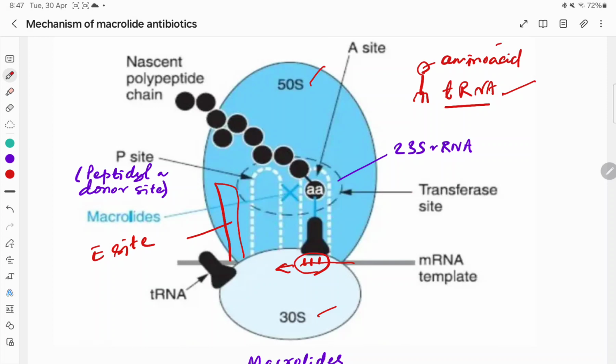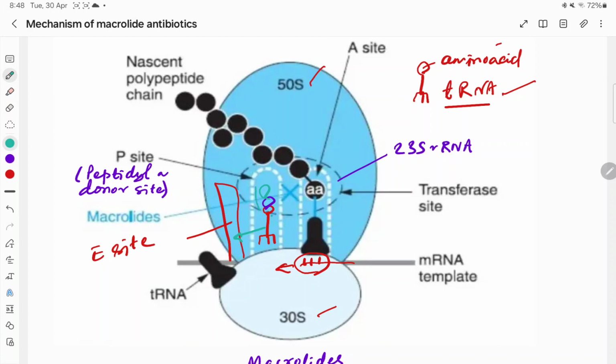So the next tRNA comes, and suppose this is the P site, so in the P site the tRNA, suppose this is the first one, and accordingly one after another this goes to the E site and the next comes, then it joins here.